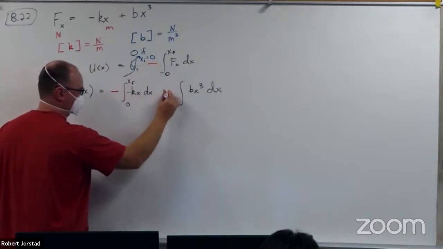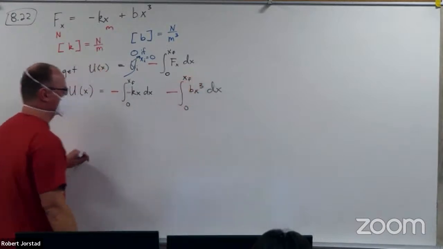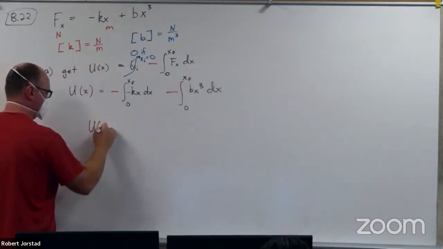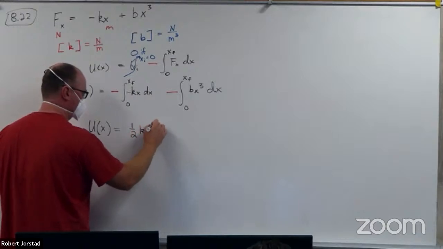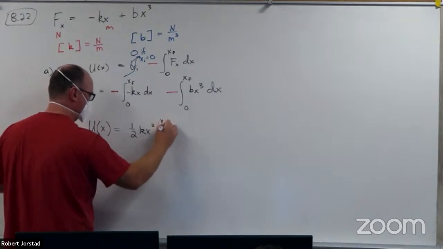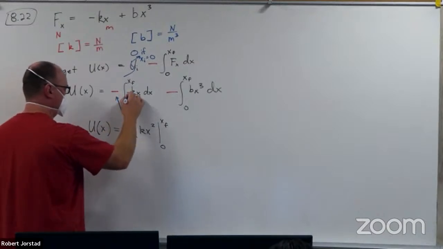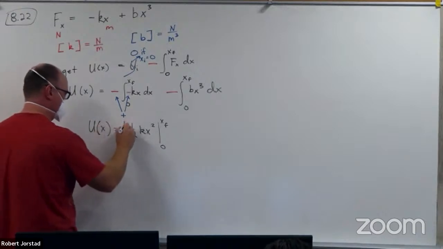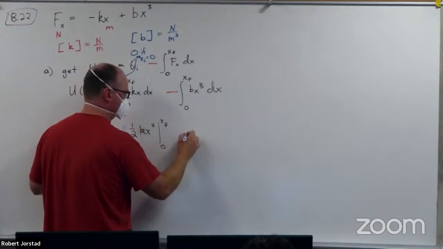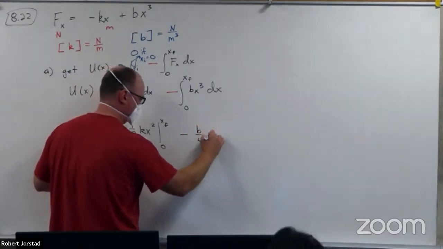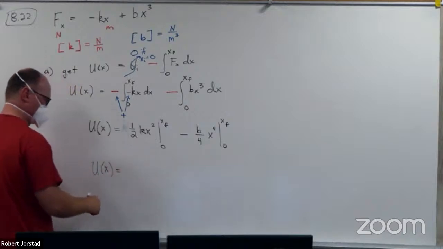There's a minus sign in front of both integrals, not a plus symbol. What's this one? Minus b over 4.